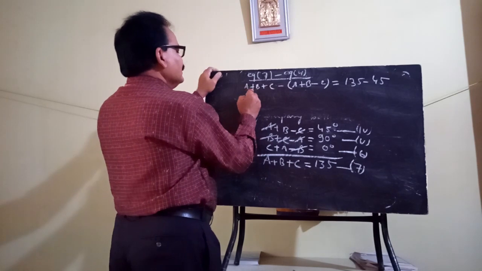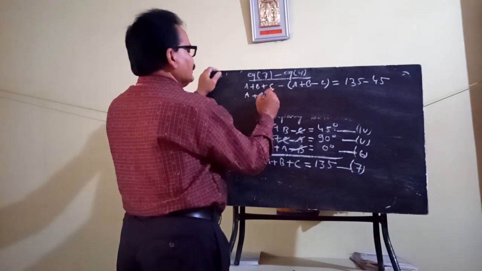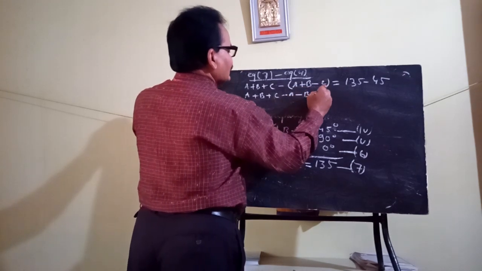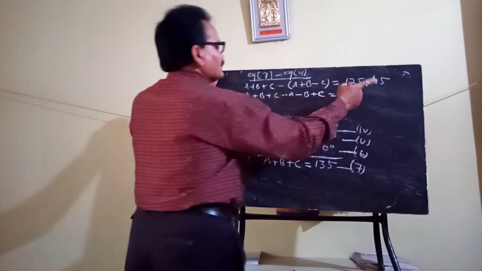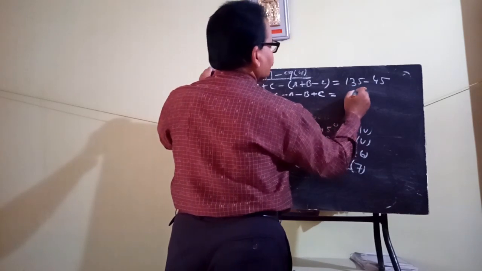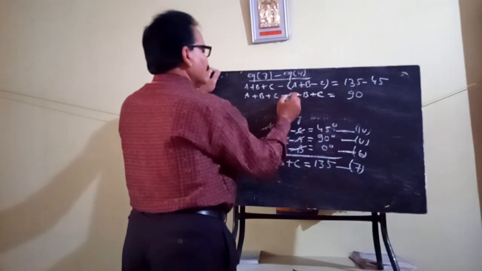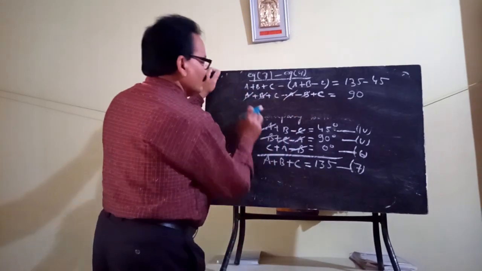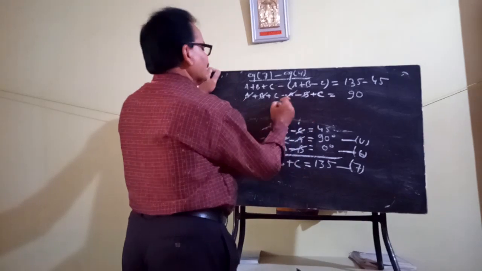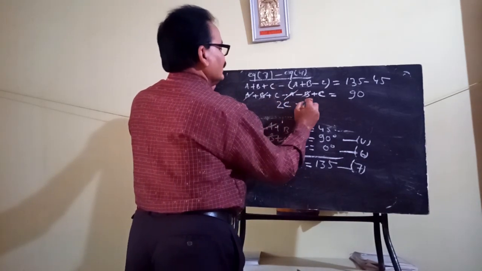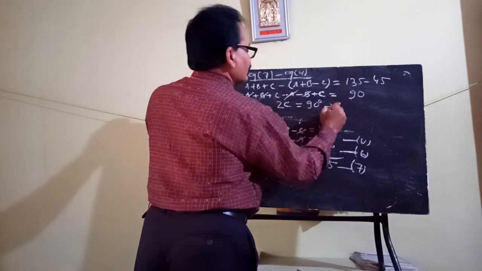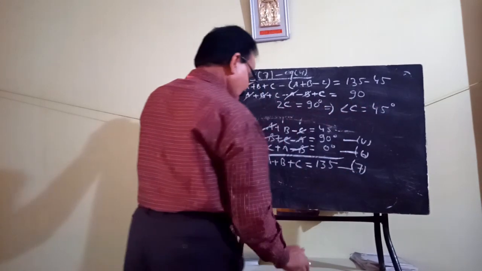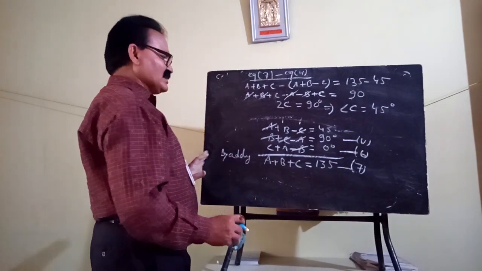Remove the bracket: a plus b plus c minus a minus b plus c, and after subtraction this will be 90 degrees. Here angle A cancels, angle B cancels. Then you will get c plus c, 2c equals 90 degrees. So angle C is 45 degrees. Okay, you have got the value of angle C.